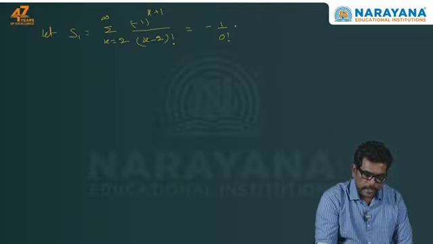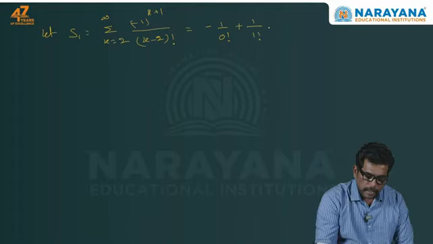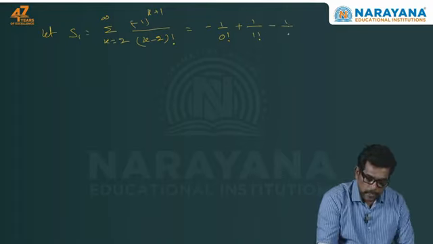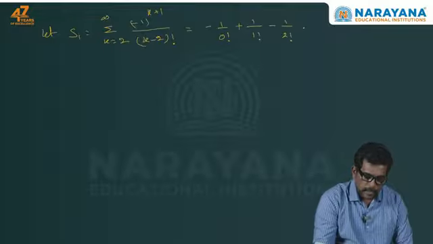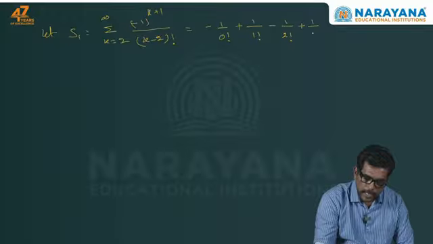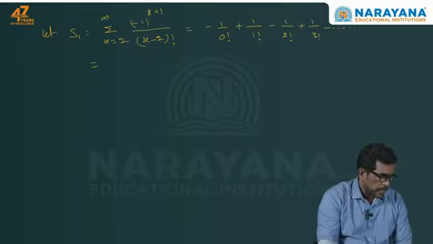Substituting k equals 3: plus 1 by 1 factorial. Substituting k equals 4: minus 1 by 2 factorial. Substituting k equals 5: plus 1 by 3 factorial, minus, and so on. Now it is the same as minus 1 by e.